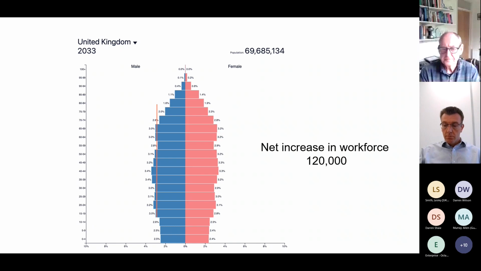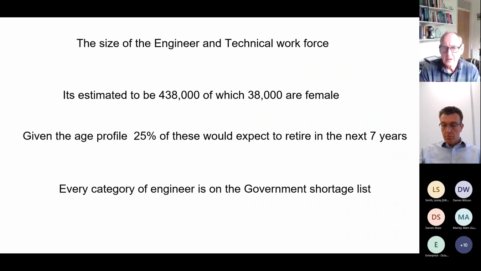Next slide. So what is the size of the UK engineer and technical workforce? Well, it's estimated to be around 438,000, of which, and this is a surprising figure, 38,000 are female. This is slightly out of date. I think it's 5 years old.